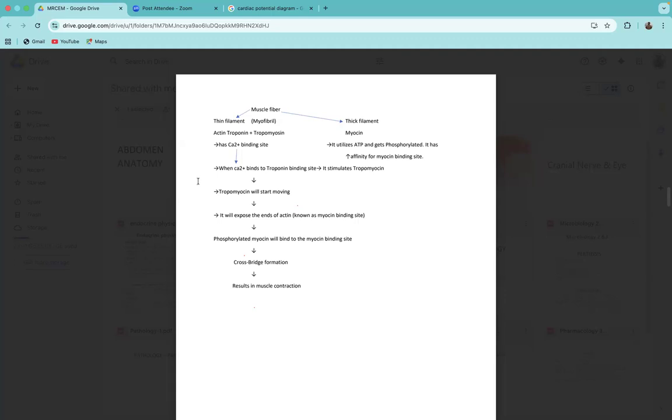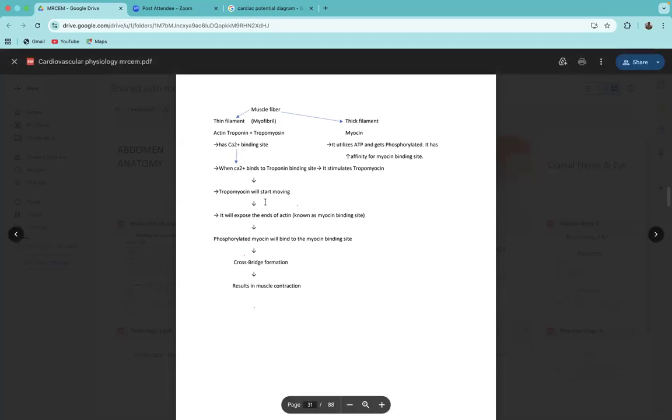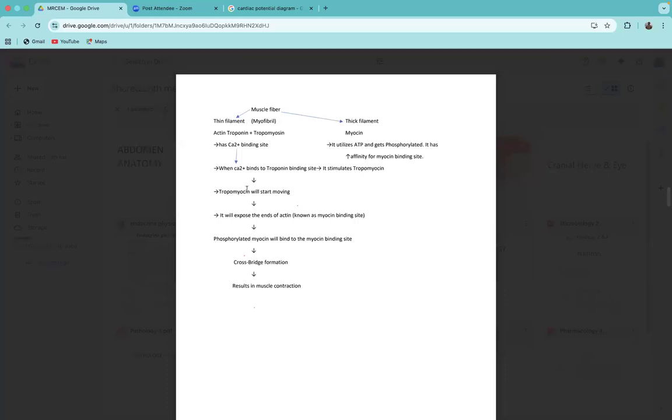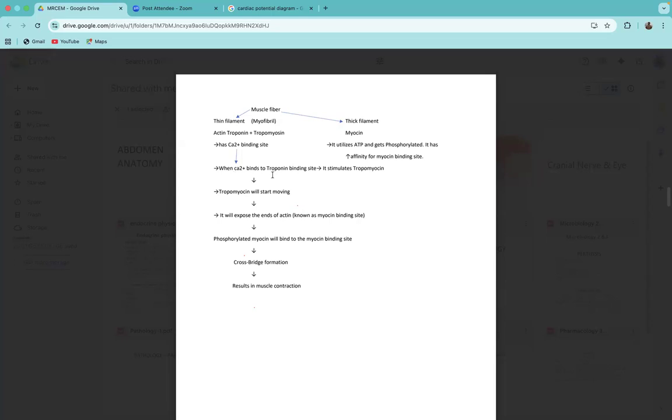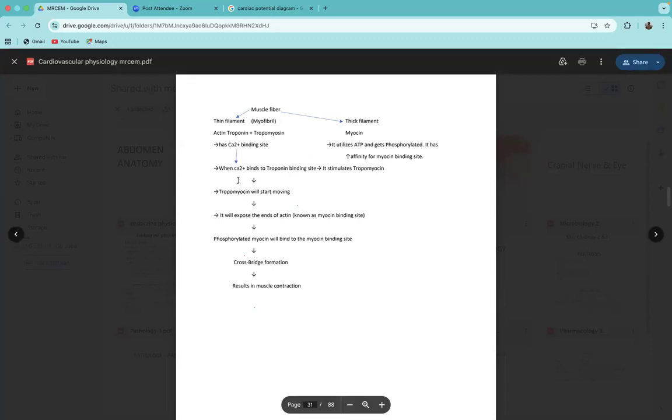When calcium binds to that calcium binding receptor, it starts moving the tropomyosin, and this exposes the sites on actin, known as the myosin binding sites.